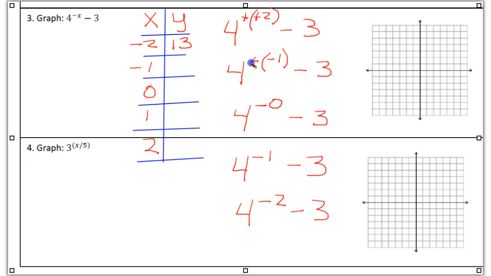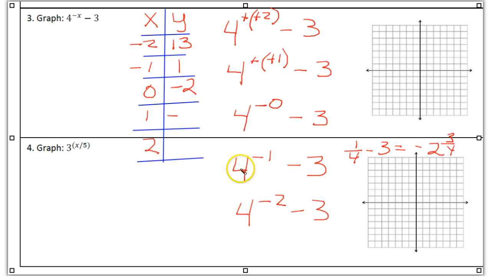This will become a positive. This will be 4, minus 3 is 1. If this is a 0, anything to the 0 power is 1. 1 minus 3 is 2.